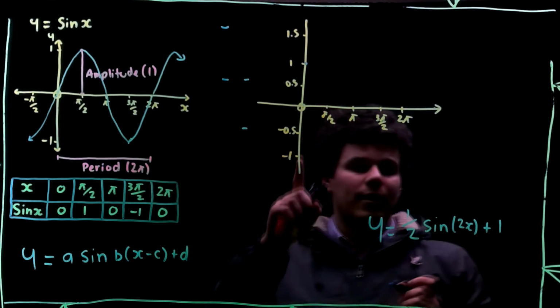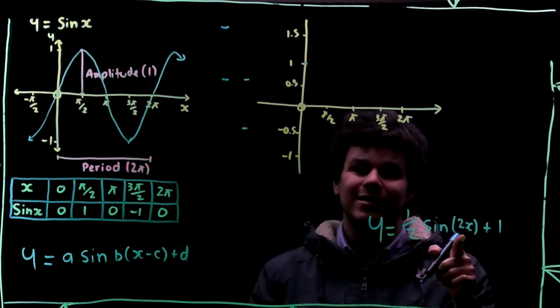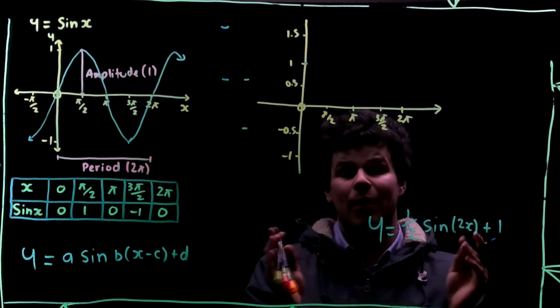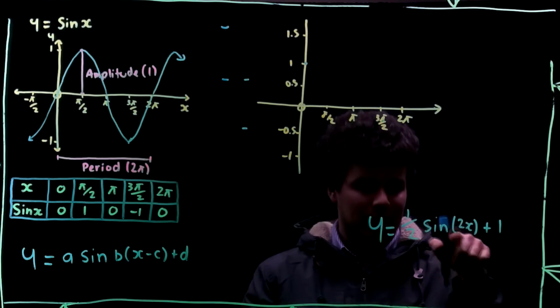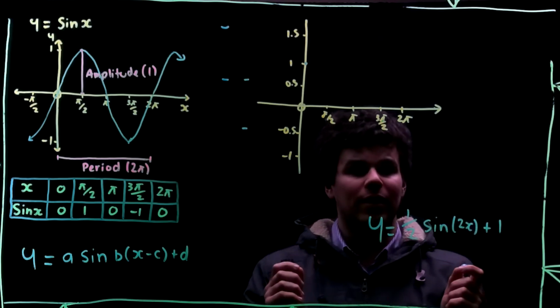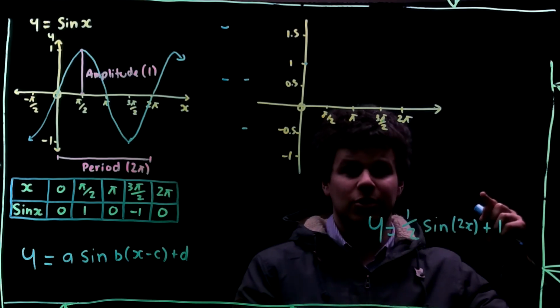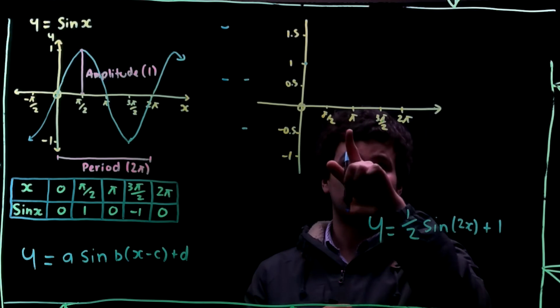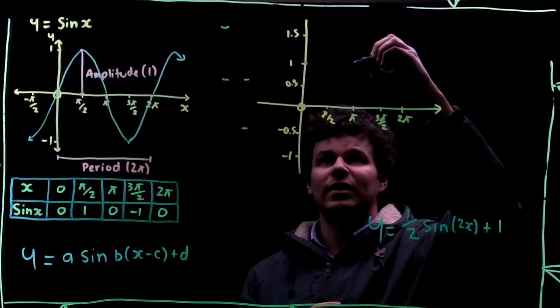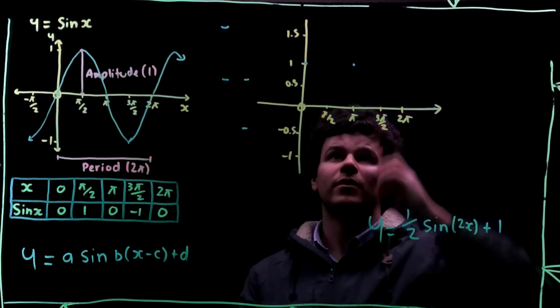Our period is now not going to be 2 pi. It's going to be pi, because by doubling this, we're getting all the values twice as quick as we normally would. So our up and down period only goes from 0 to pi. The end of our period will be there. We start here and end up here.